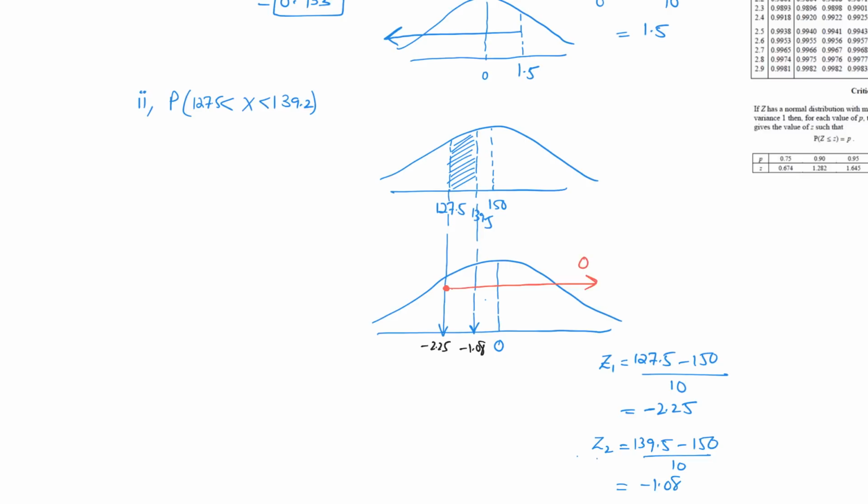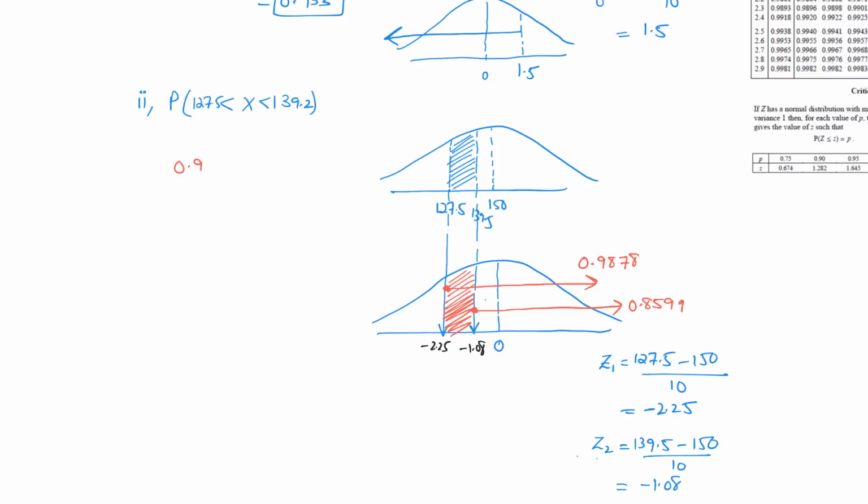The value that you will get is 0.9878, and then you will read the probability at positive 1.08. So the answer would be 0.8599. Now in order to find this region, the probability of z greater than minus 2.25 and less than negative 1.08 would be the difference of the two probabilities.